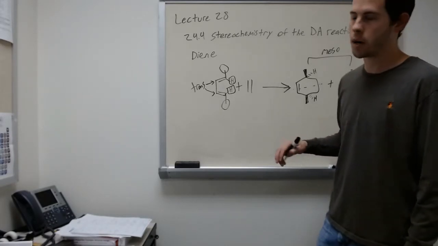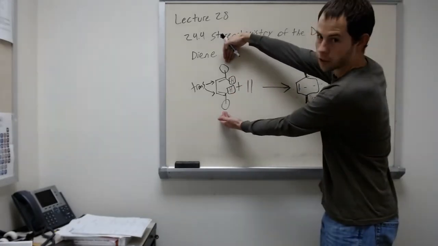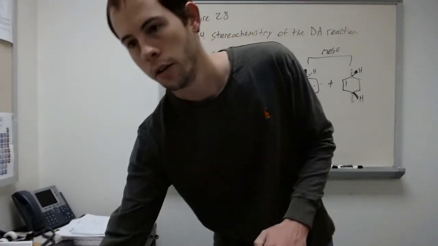And so just keep that in mind, that when you're looking at the diene, these things are going to be on the same side, and the things pointing in towards the middle are going to be on the same side.